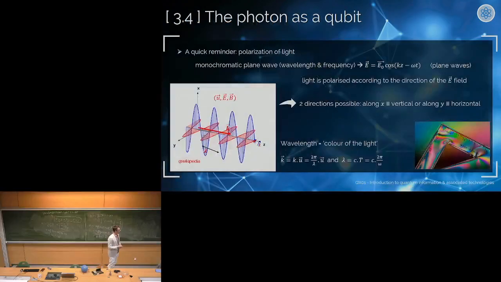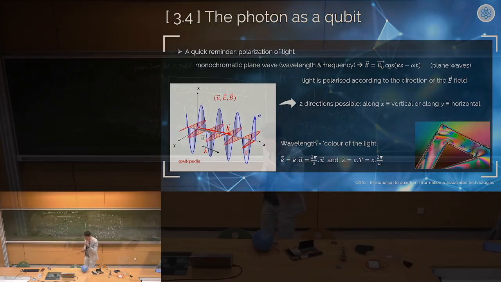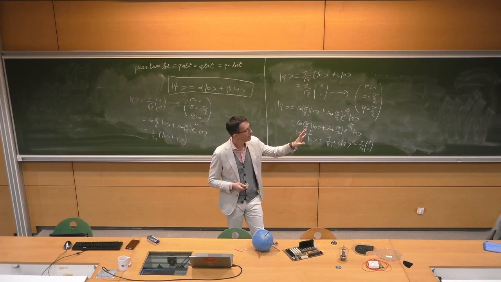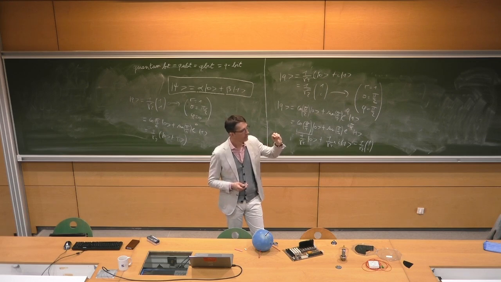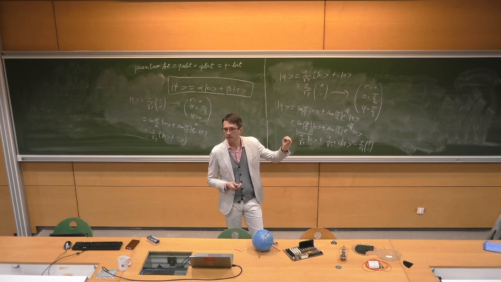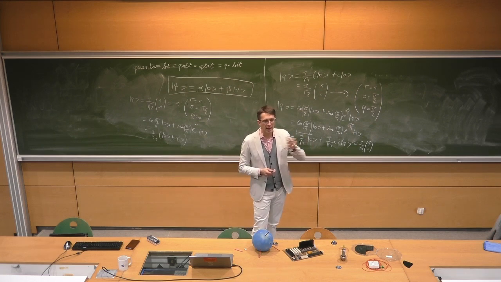So one thing you need to know is that in electromagnetism, in order to define an electromagnetic wave, you don't actually need to know both the electric field and the magnetic field.